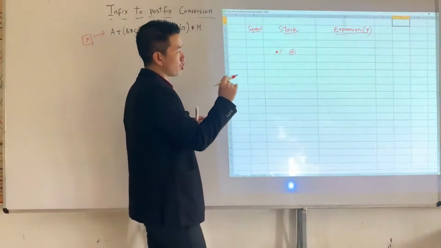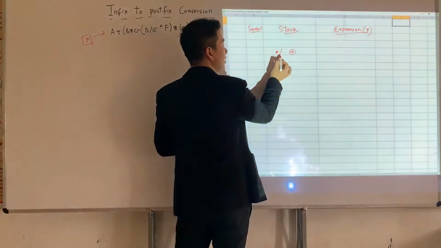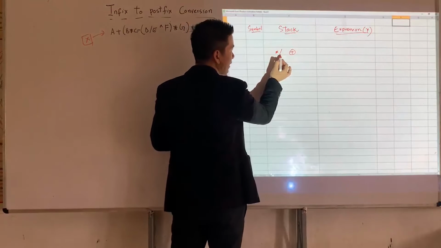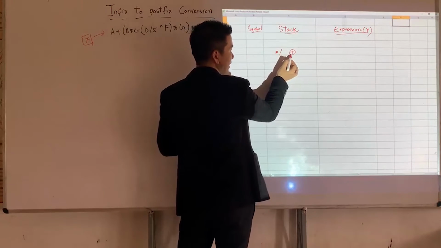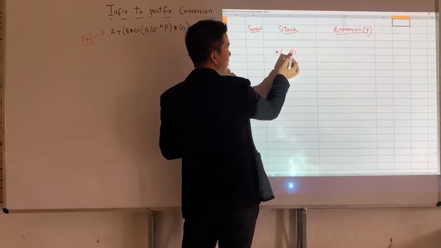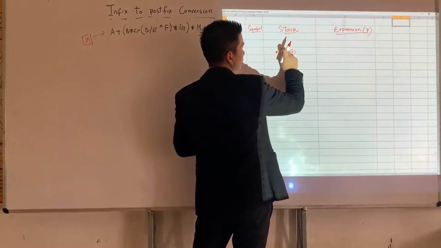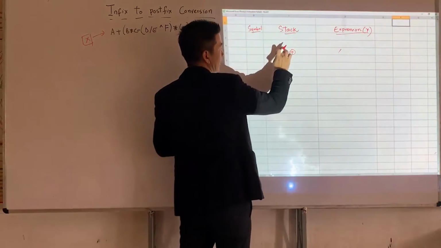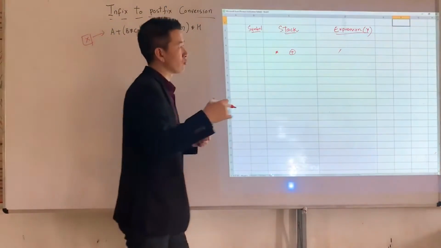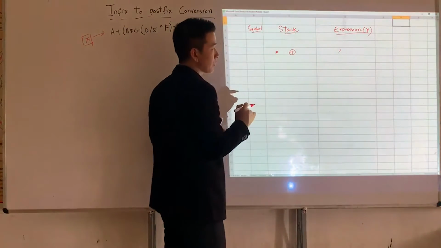We need to do a little bit of adjustment. Just check the earlier element. If this particular element has either the same precedence level or a higher precedence level, then I need to pop it off the stack and add it to the expression like this. Again, I need to repeat the same process. Again, I check for the multiplication sign.